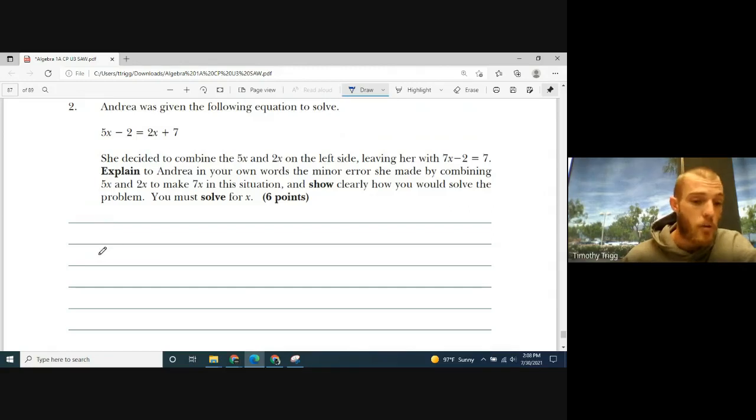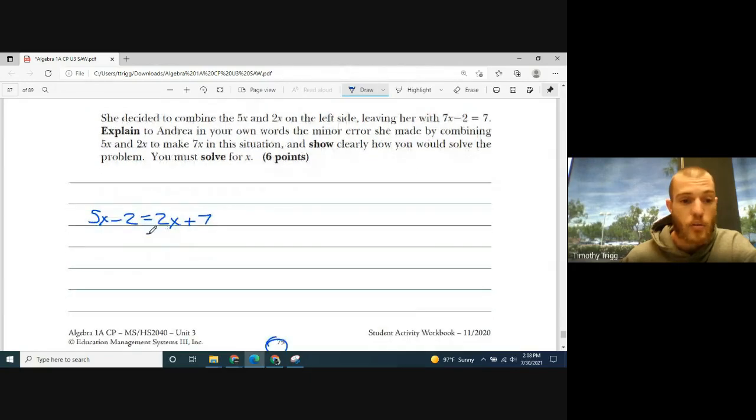Now, the correct way to solve it is you do want to combine the x's, but in order to cancel the 2x on the right side, you're going to have to subtract 2x, and that cancels it. So we're going to subtract 2x on the other side as well.